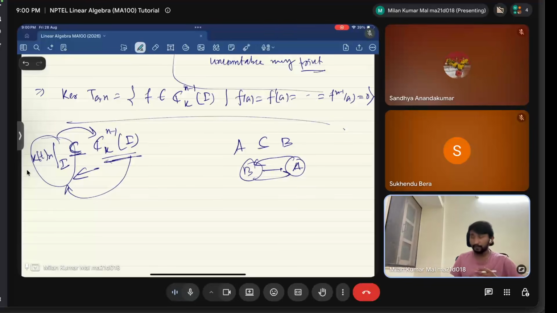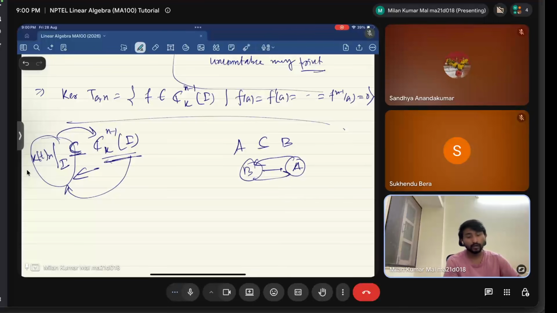But for every distinct entry in B, you will not get a distinct entry in A. That's not possible, because whatever entries are not in A, those entries have to map to 0. They can't map anywhere else.